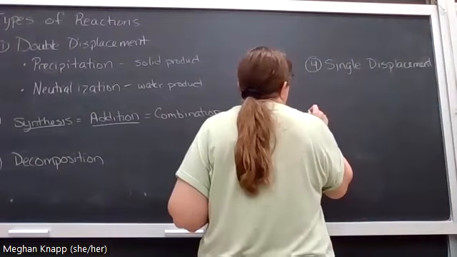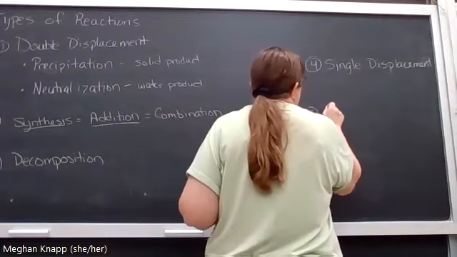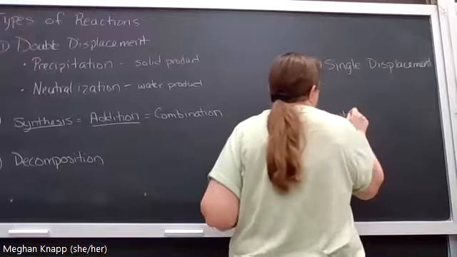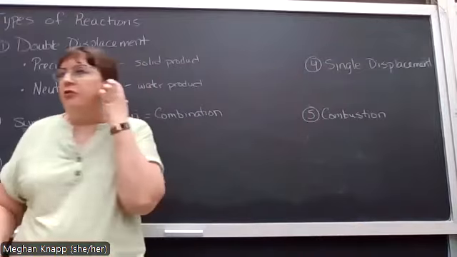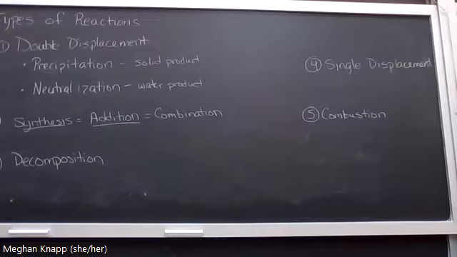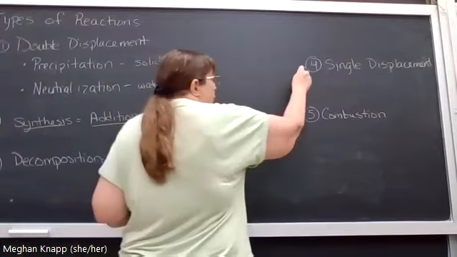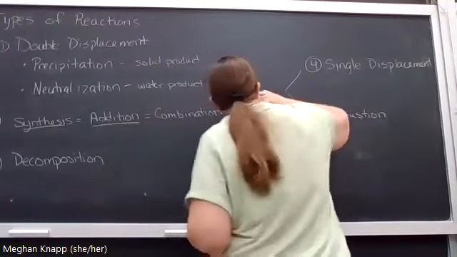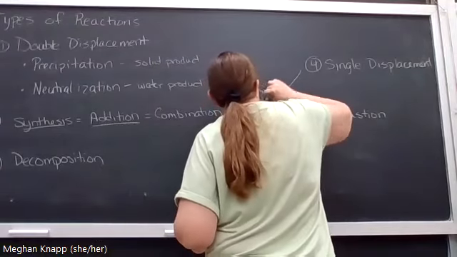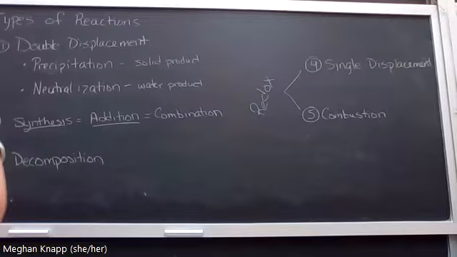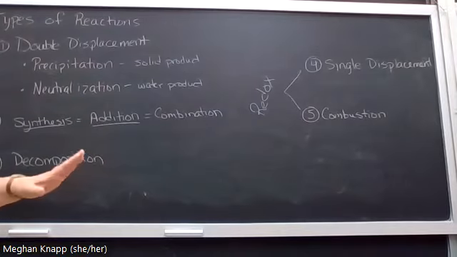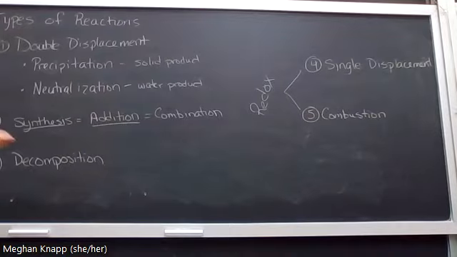And then we have another kind that we've seen, combustion. So we looked at methane on Friday when we were talking about balancing equations, that when it burns in oxygen, it produces water and carbon dioxide. So these two are what we call redox or oxidation reduction reactions. And they will always be oxidation reduction reactions.